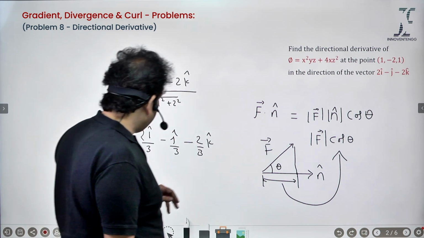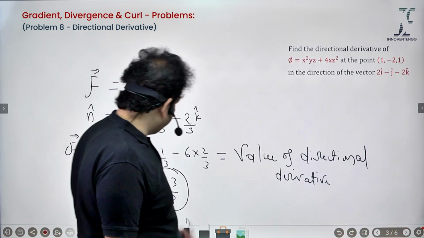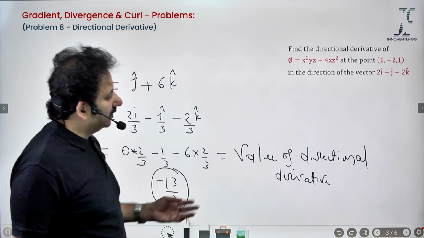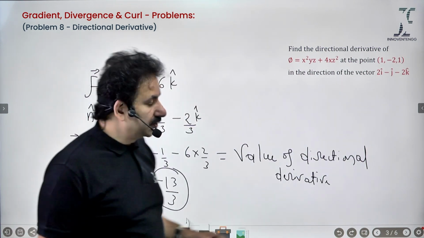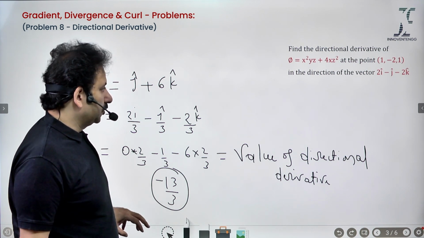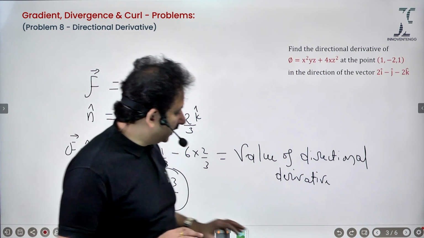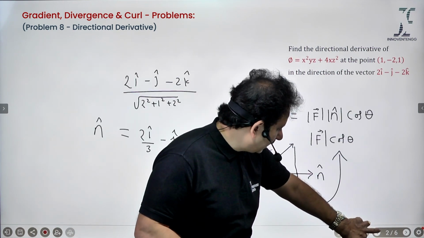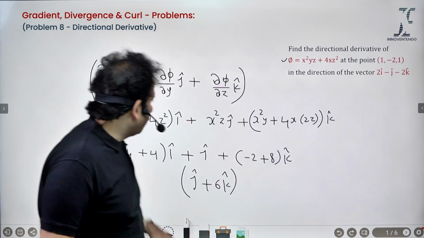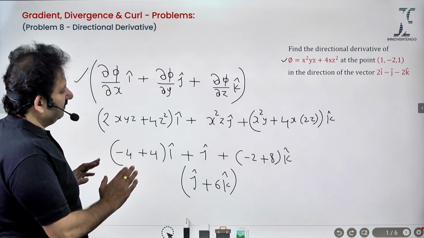So what we have found is the value of the directional derivative, the value of the derivative along this direction. So this is the solution. Let's move on and look at more discussions, but importantly what you should not forget here is how to find the gradient. This is the standard formula, very simple.